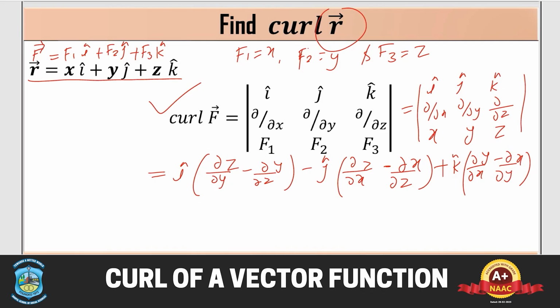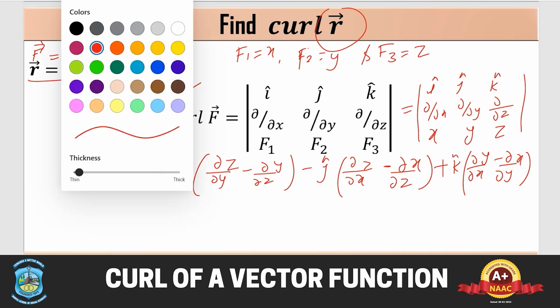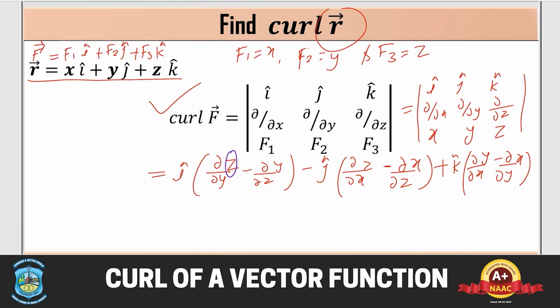Now, as per the rule of partial derivative, you know that the partial derivative of z with respect to y is 0. Likewise, the partial derivative of y with respect to z, partial derivative of z with respect to x, partial derivative of x with respect to z, partial derivative of y with respect to x and partial derivative of x with respect to y, all are 0.